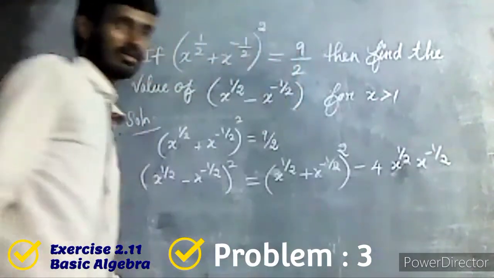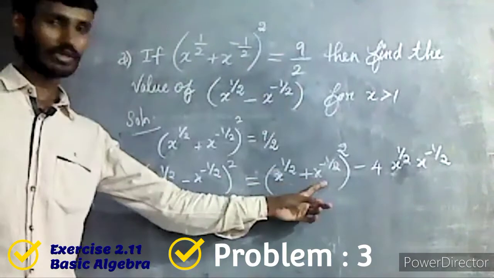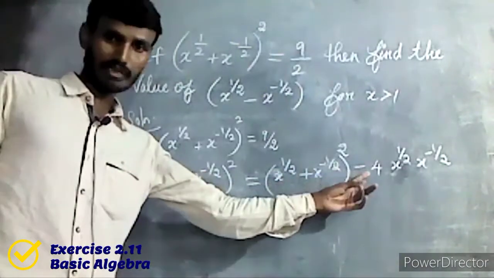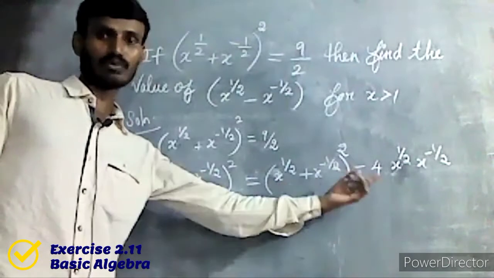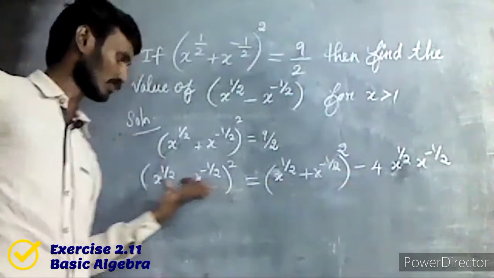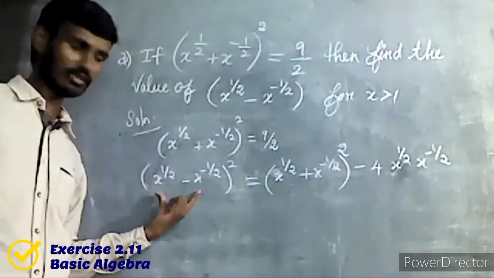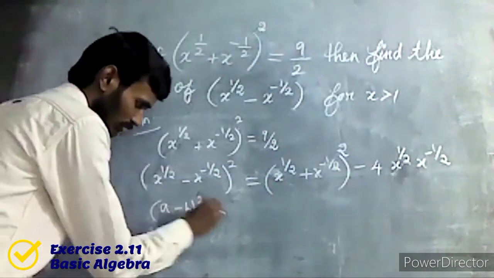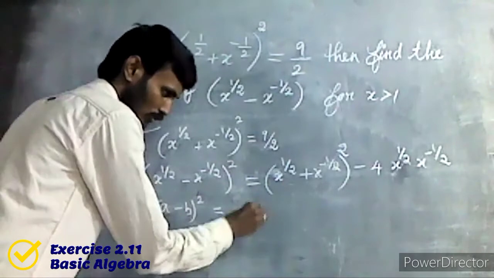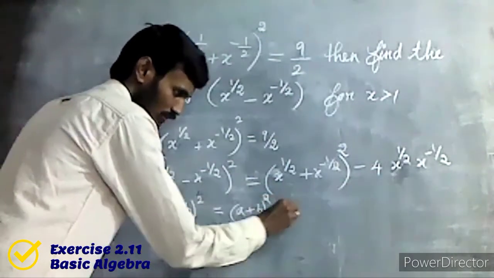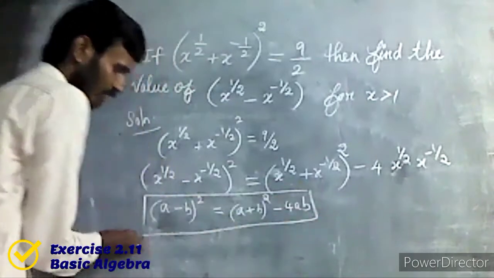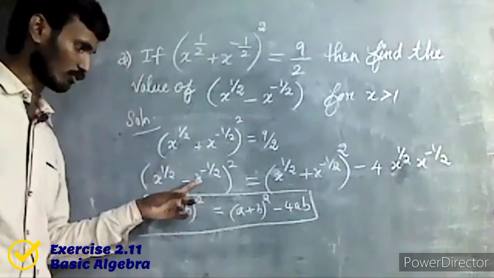Reason: the a plus b the whole square formula is a square plus b square plus 2ab. This is minus 4ab. Plus 2ab and minus 4ab is minus 2ab, that is the answer for a minus b the whole square. Noted? This is the formula: a minus b the whole square equals a plus b the whole square minus 4ab. Apply the formula. A value is x power 1 by 2, b value is x power minus 1 by 2.